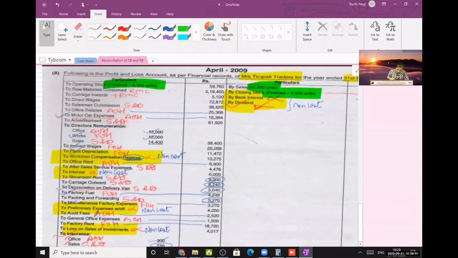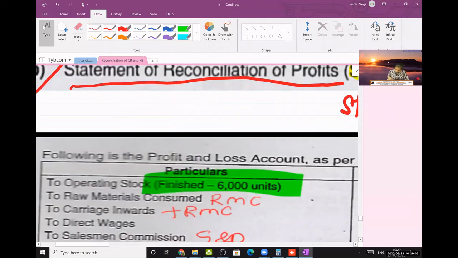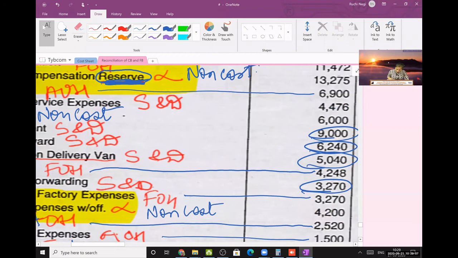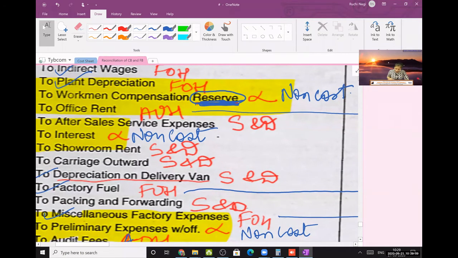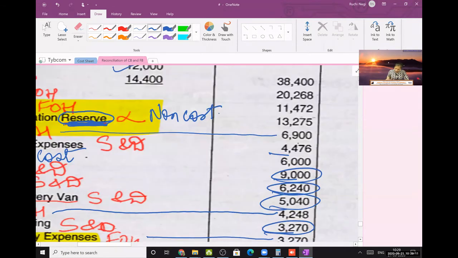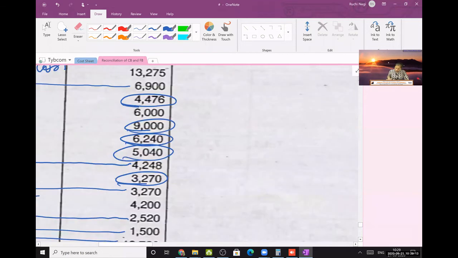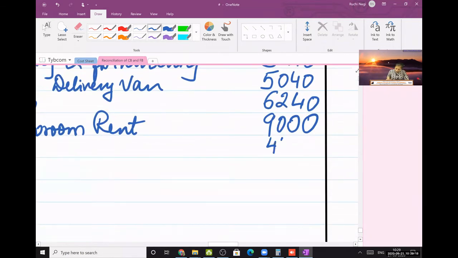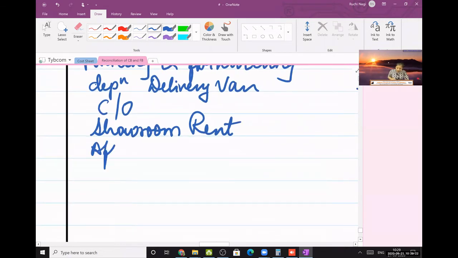Next, interest after sale service 4476. After sales service.